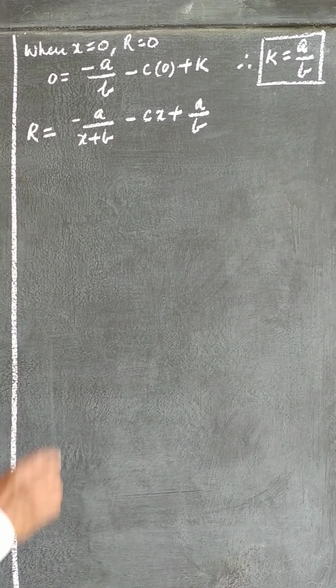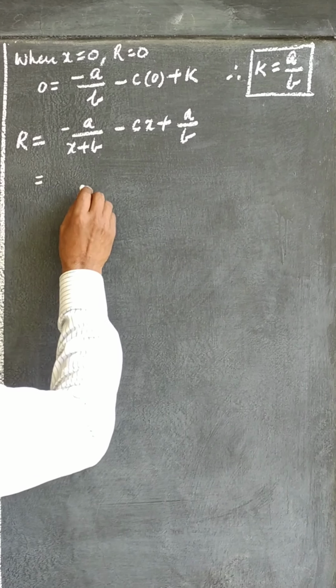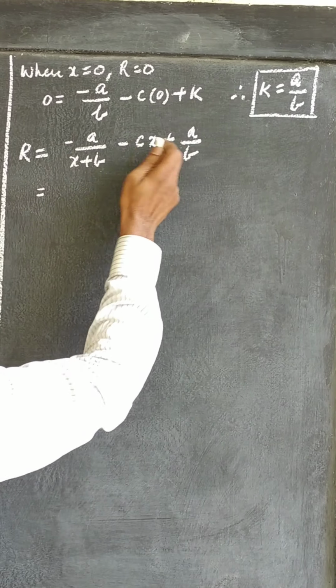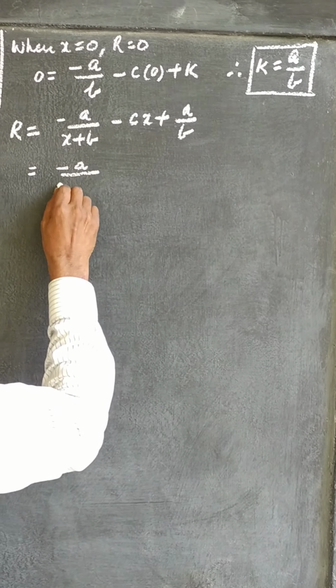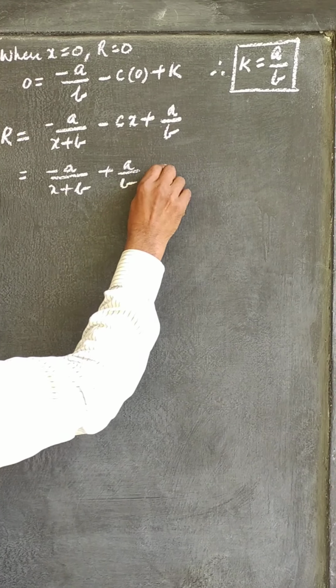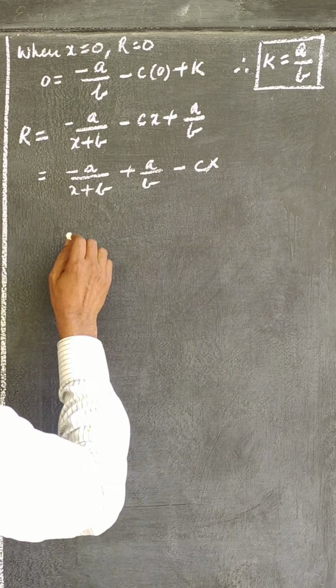Now this again can be simplified by taking these two: minus A by (x plus B) plus A by B, minus Cx.